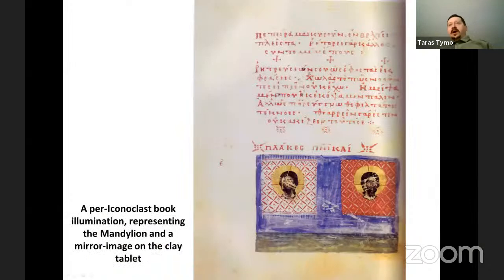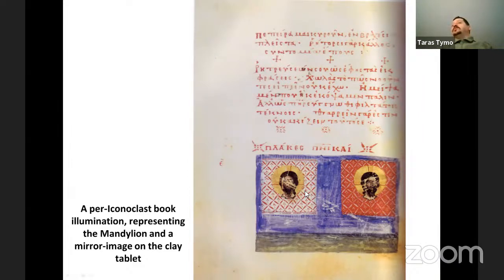And this is how the images of Mandylion and Keramion were presented in pre-iconoclast book illumination. So an 8th century illuminated book represents the Keramion like this, and the Mandylion, the cloth, like this.